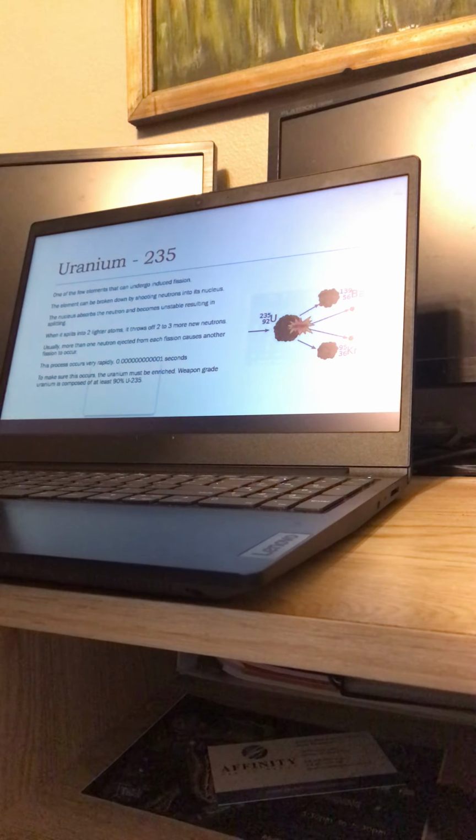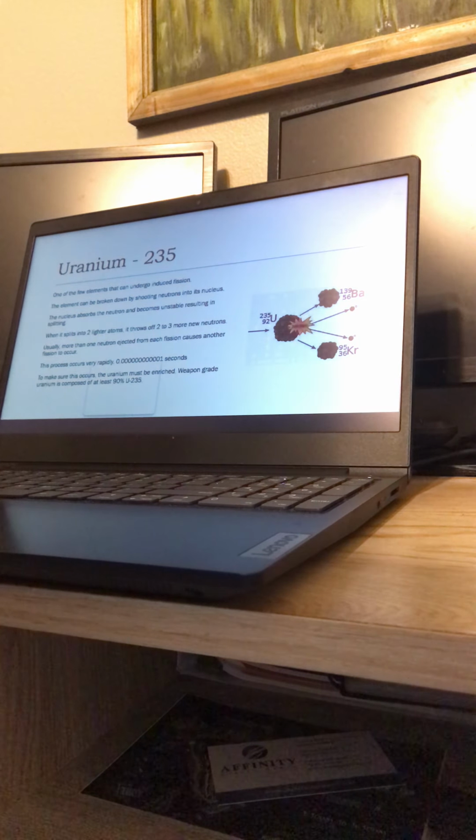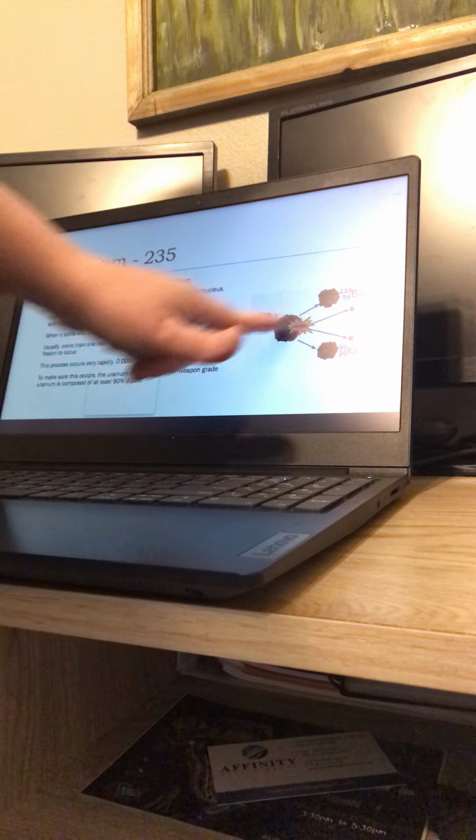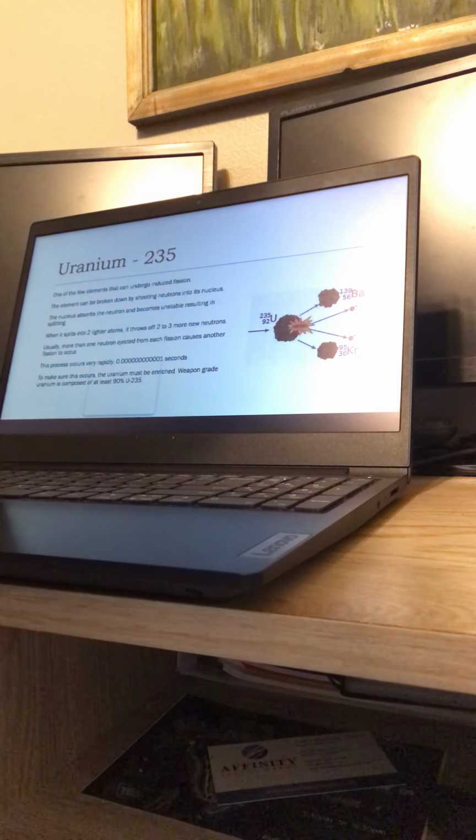Uranium-235 is one of the few elements that can undergo induced fission, which means we help make it happen. The element can be broken down by shooting neutrons into its nucleus. So they're going to shoot neutrons into the nucleus right here. The nucleus absorbs the neutron and becomes unstable. Whenever it becomes unstable, it splits.